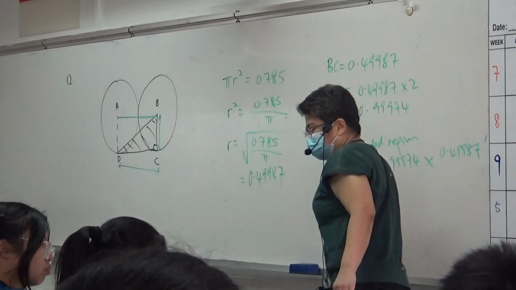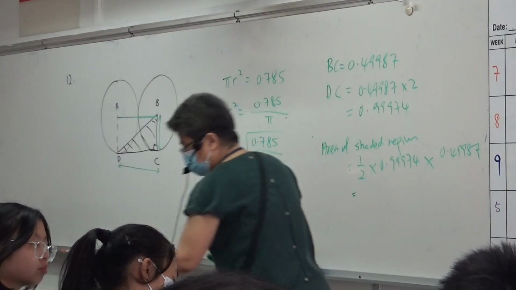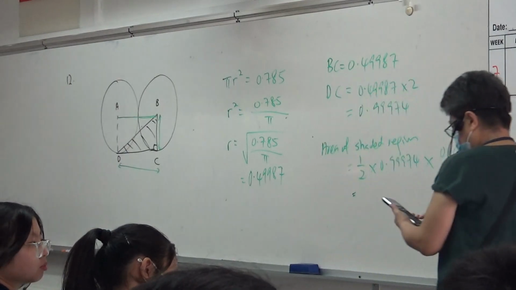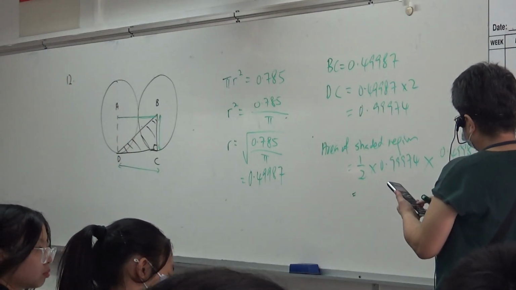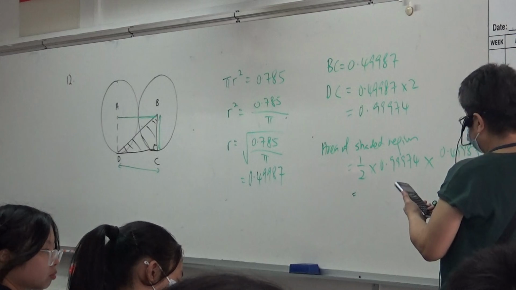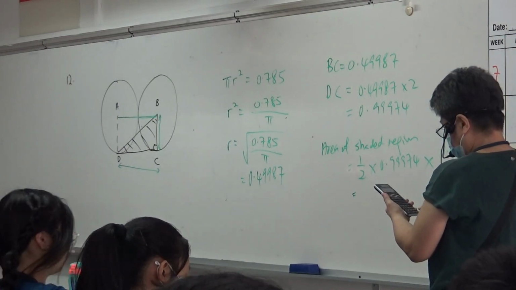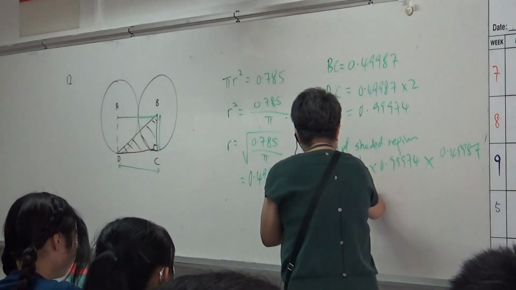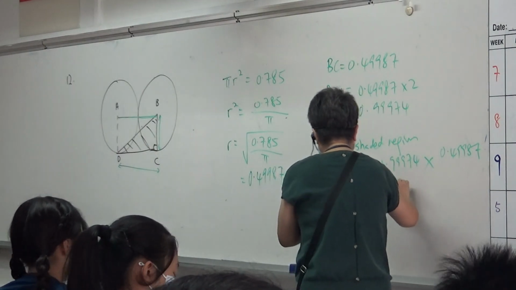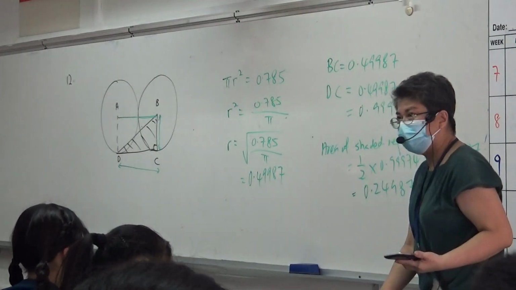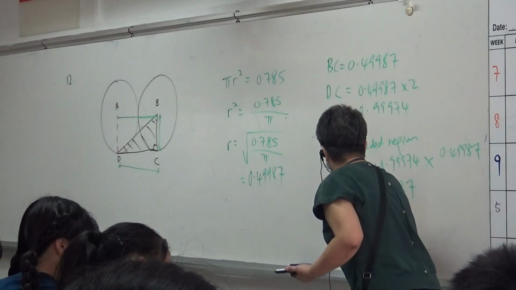Okay. You'll get 0.24987 truncate, right? So what's the final answer?